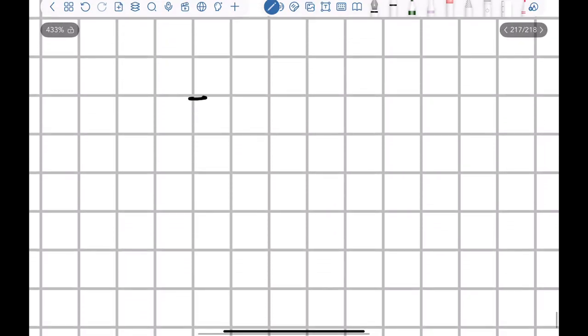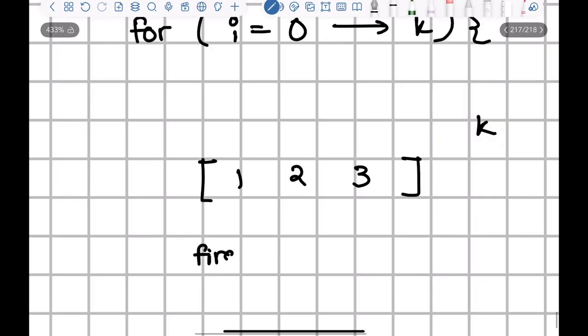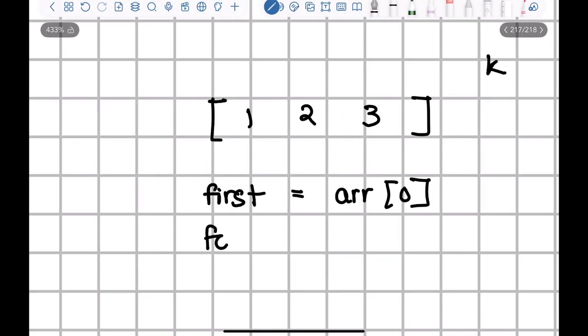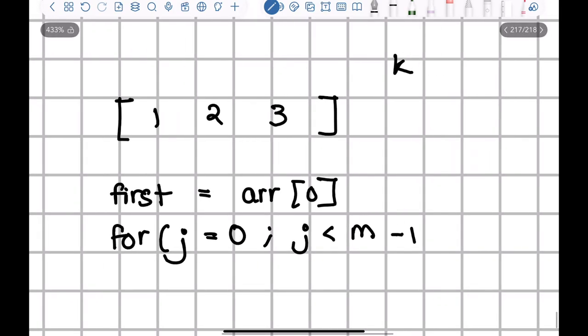So what we are doing here, this is my values 1 2 3, and let's say we are rotating it k times, right? This always goes here, right? So I will first save first is equal to array at 0. Then what will I do? For j is equal to 0, j is less than m minus 1, and j plus plus.